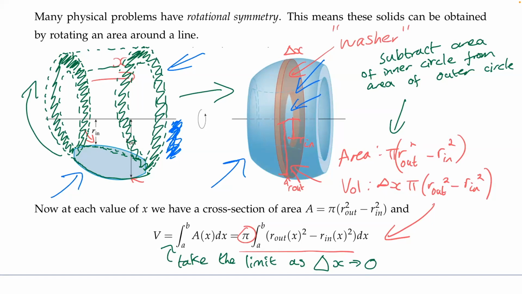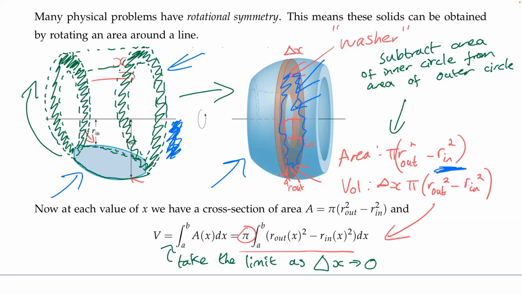Imagine you've got a circle that's filled in, and you're going to punch out a middle circle. So you're taking away that area, so we need to subtract this inner radius here. So we do pi r out squared minus pi r in squared, where r in is the inner radius, and that will give us the area of that washer, just that face of this washer here. We multiply that by our delta x, our width, and that will give us the volume of that washer.